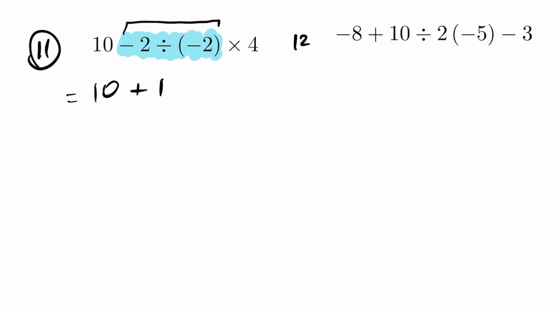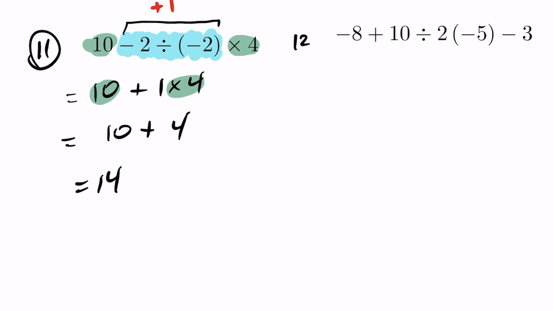So put a plus 1 down. And then I have my multiplication from before. So you can see here when I copied this over, the 10 got put with the 10, the times with the times, and I'm replacing this expression with exactly what I found it to be, which was a plus 1. If I continue here, I'm going to do multiplication again, in which case I get plus 1 times 4 is 4, and the final answer is 14.